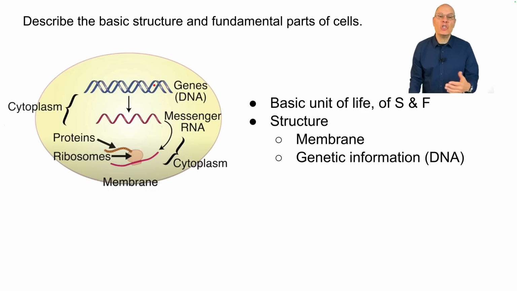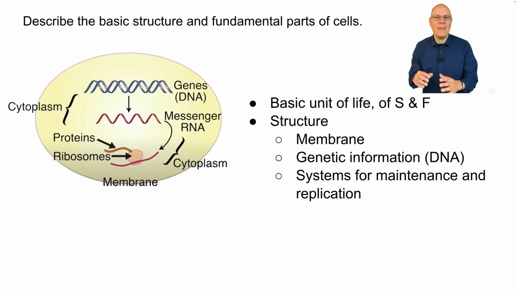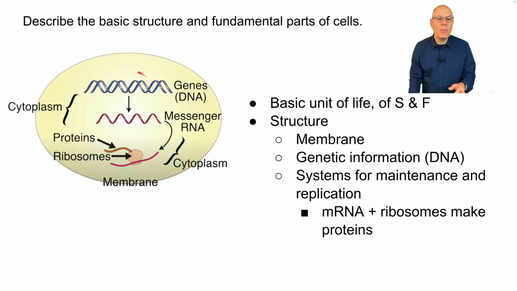They always have genetic information in the form of DNA, the double helix, and there are systems that maintain and replicate the cell as a whole and the cell's genetic information, its DNA. One of the most important systems is a system by which the genes in DNA get transcribed into messenger RNA, another nucleic acid, and that messenger RNA is read by a particle called a ribosome and translated into proteins.